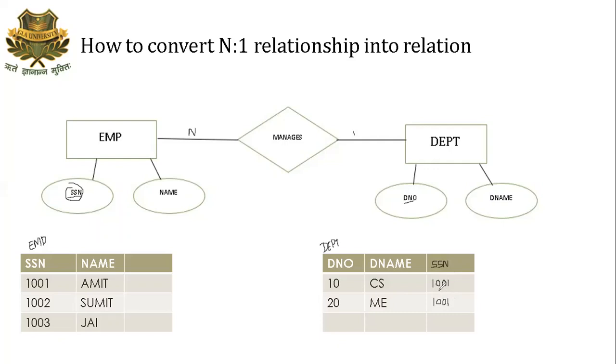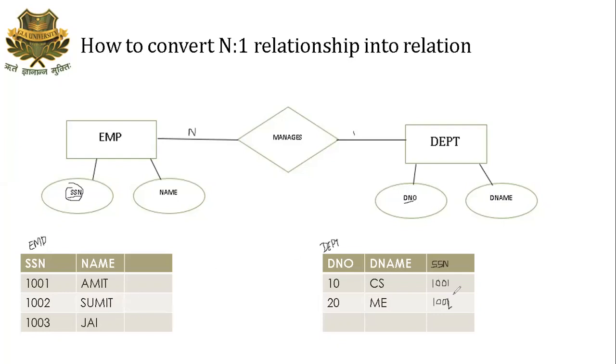So if you write 1001 and 1001, then what about 1002 and 1003? They will not be added over here. Even in the place of this 1001, you can add 1002 over here. That means this 1003 is not associated with any department.